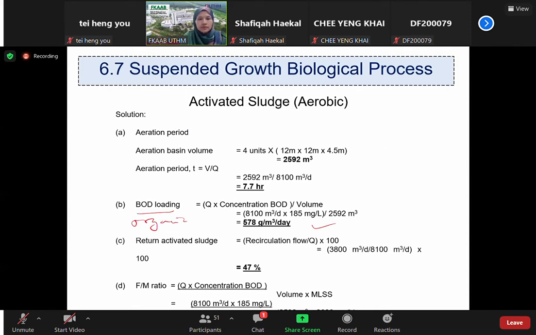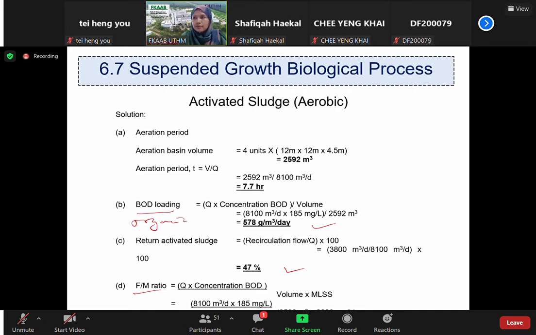Okay, return activated sludge, recirculation flow divide by Q times 100, you can get how many percent being recycled back to the activated sludge to do the decomposition process. Yang ini, alamak ni apa lari ni? Ni the process of how to calculate the F/M ratio.